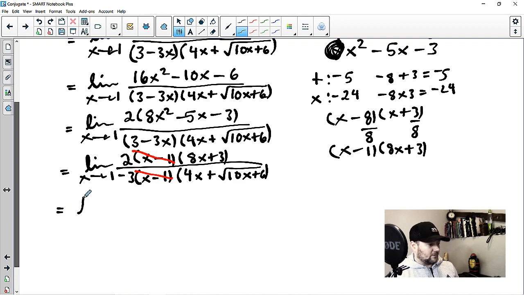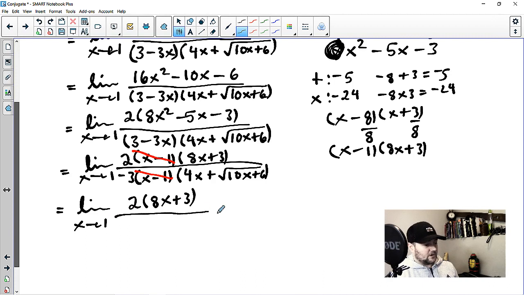And then I've got the limit as x goes to 1. And I'll write that 2 right there. 8x plus 3, all divided by -3 on the outside, 4x plus square root 10x plus 6.